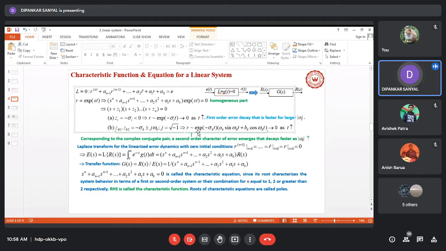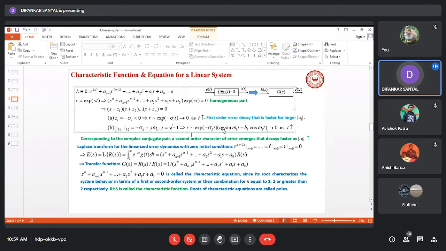In a later example, I will try to show really that when we have a situation like this, we obtain the solution where the decaying exponential part is related to this negative real component of the root, and the complex part forms a sinusoidal part in combination of sine and cos.